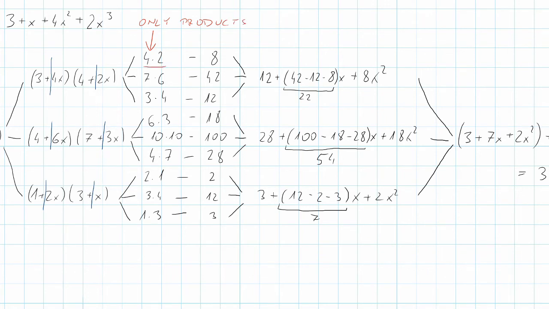And we have 1, 2, 3, 4, 5, 6, 7, 8, 9. We have a total of 9 products here. Comparing to 16 products in a long multiplication, this thing is really faster.